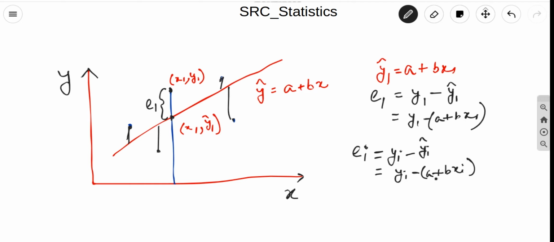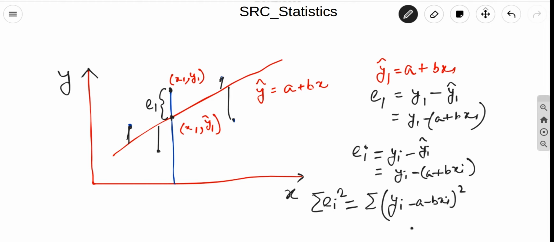Now what is the principle of least square? If we square all the ei's and sum them, that is called the sum of squares of errors. It can also be written as summation of (yi minus a minus bxi) whole squared.